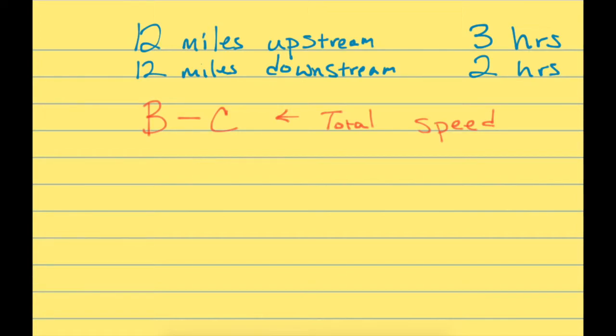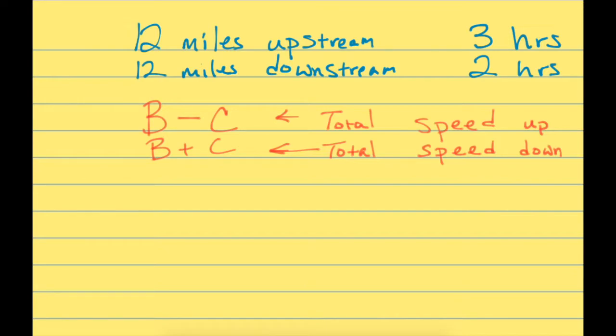Now, when you're going downstream, you add the speed of the current because that helps you along. So if you were still kayaking at a speed of 5 miles per hour and the current was going 2 miles an hour, that would get you 7 miles every hour.